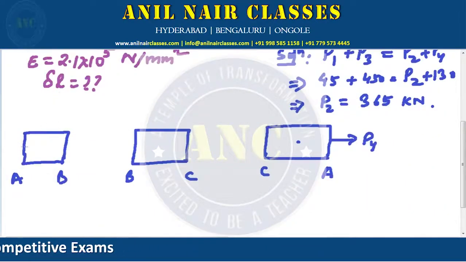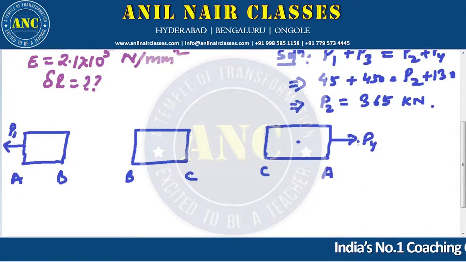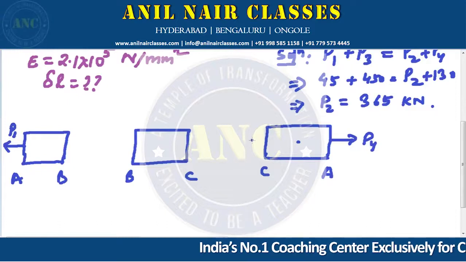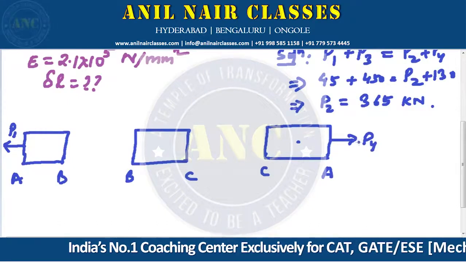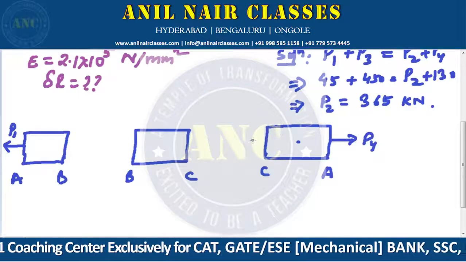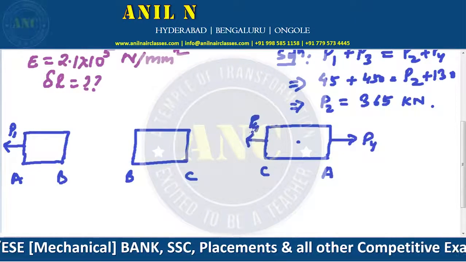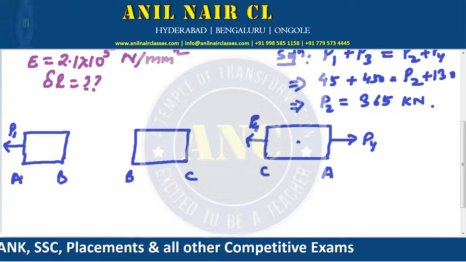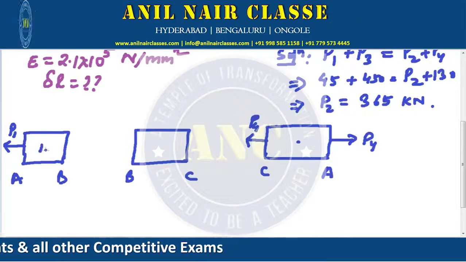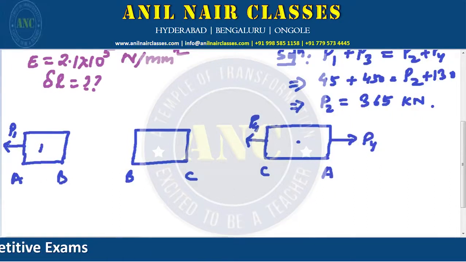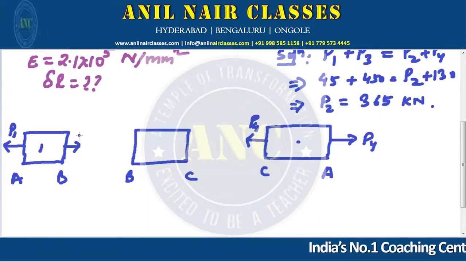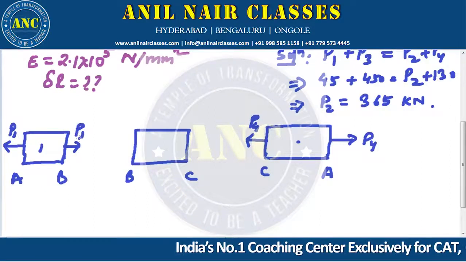When P4 is going away on the right side, P4 is tensile, so obviously on the left side also P4 will be tensile. Similarly, for section AB, that is section 1, there is a tensile load, that is P1, on the left side, so obviously on the right side also there will be a tensile force, that is P1.